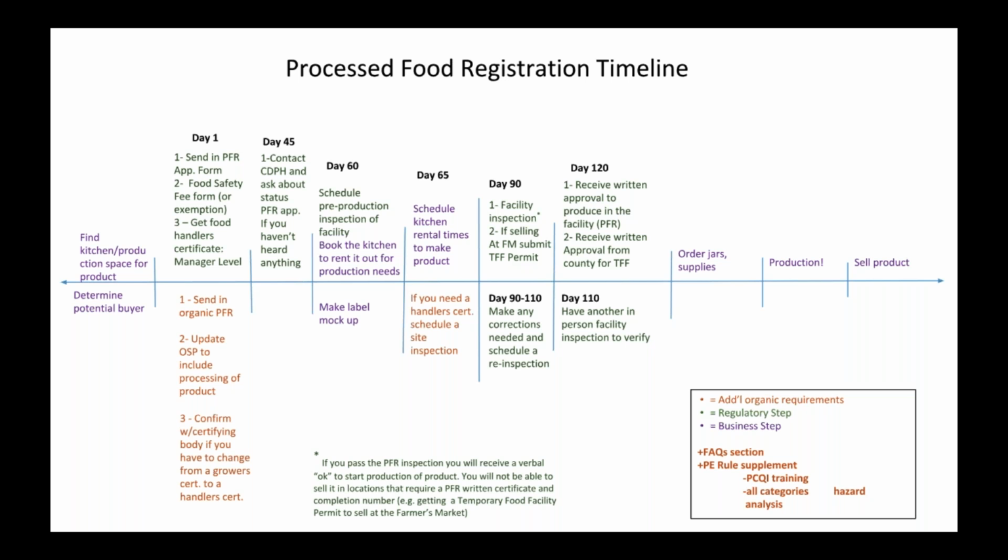For both the PFR and the cannery license, we tried to lay out a timeline that would outline the different filings that you would have to do with the state, the different training requirements that you would have to go through yourself as a producer of these types of products, and give you a sense of the amount of time that it takes to go through some of these steps. It's not going to be something that you can do overnight. These filings and the process do take a lot of time.